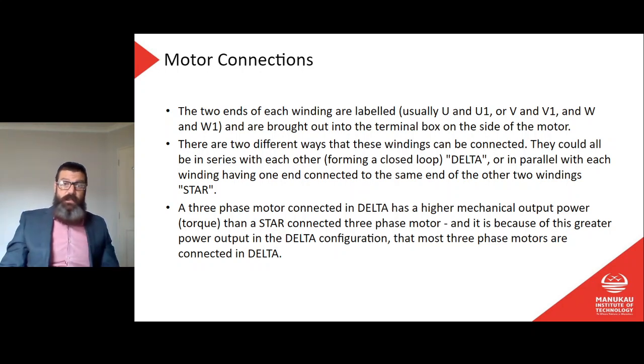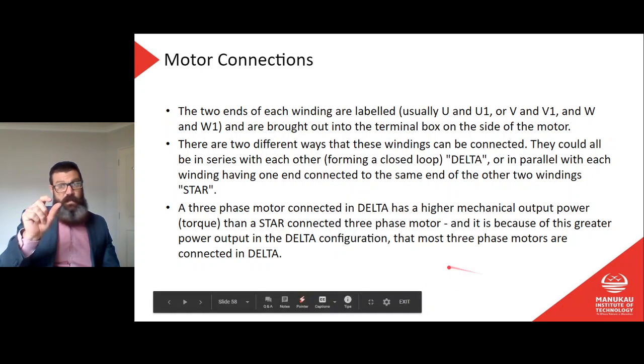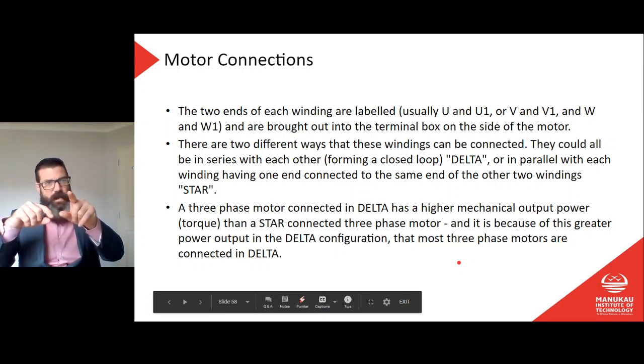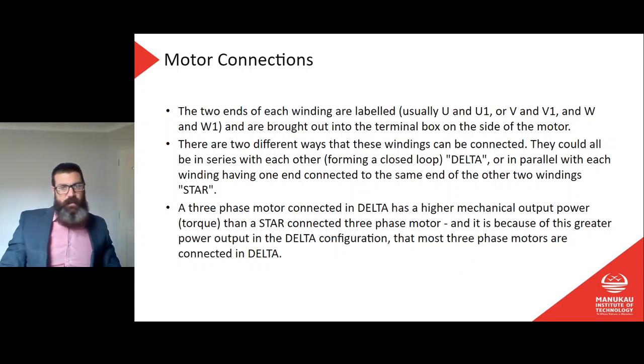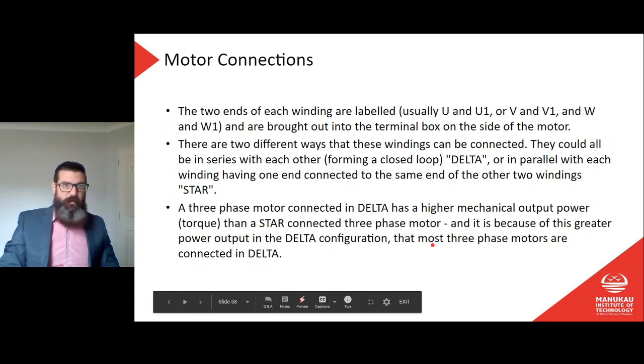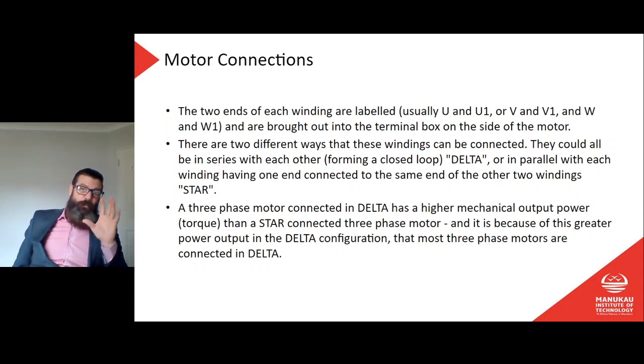Most often those connections are made internally already. So there'll be connections inside the terminal box that either connect all the ends together to make a star, or connect the starts and the finishes to make a delta, and you just have to connect your 3 phases. However, you can from time to time find motors where it's appropriate to connect them in either star or delta depending on your supply voltage and what you want the motor to do.